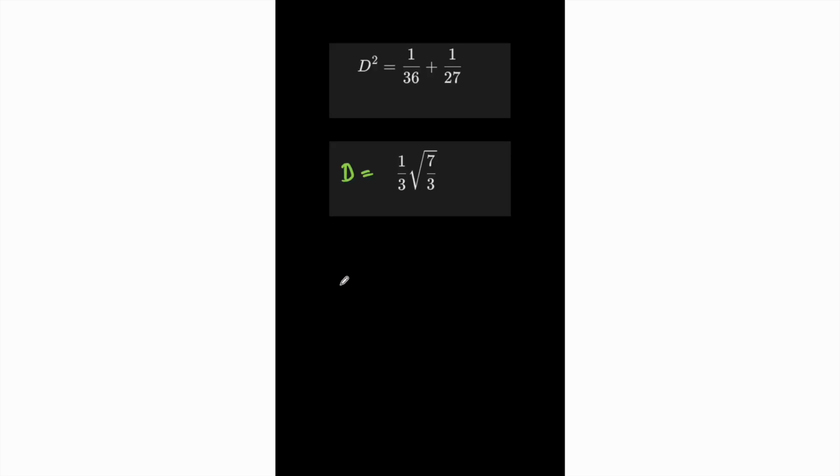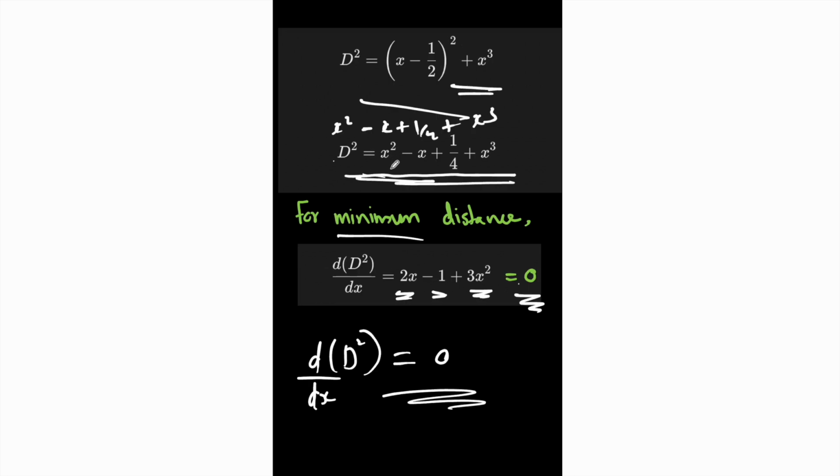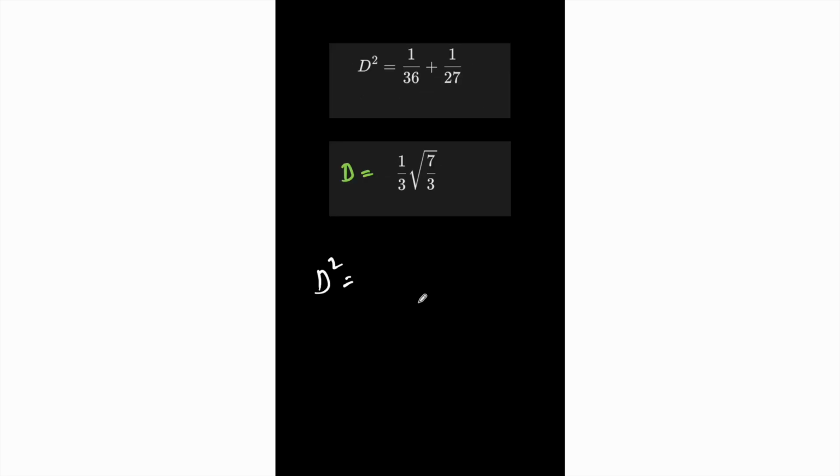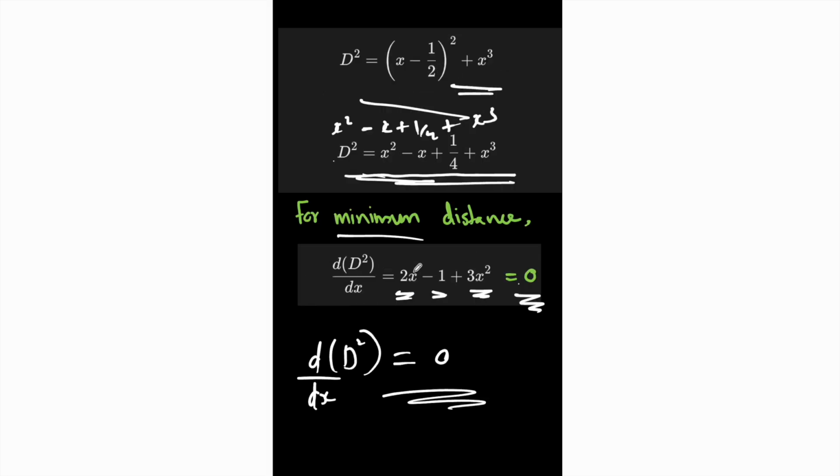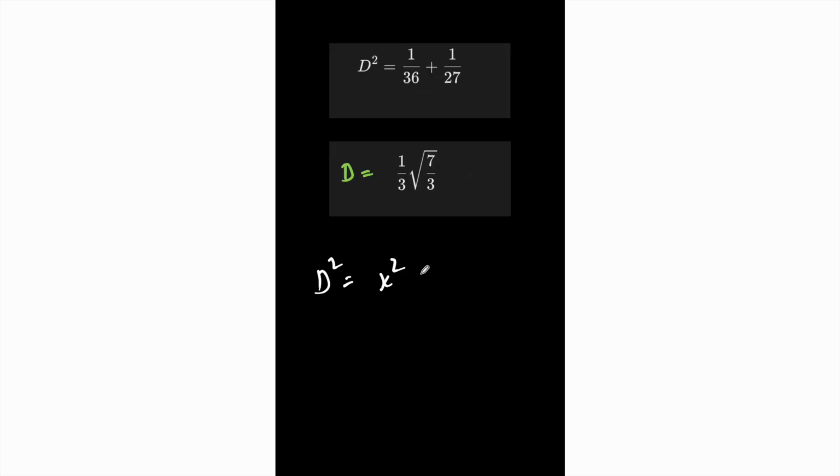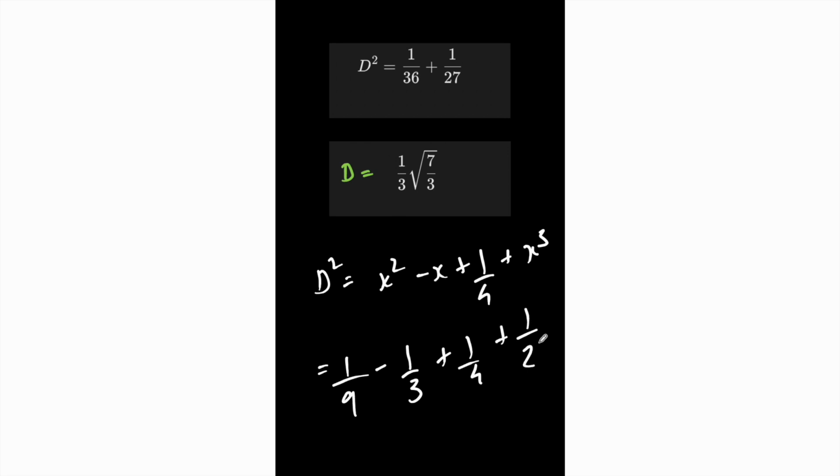If you substitute the value of x, 1 by 3, here, what will you get? D square is equal to x square minus x plus 1 by 4 plus x cube. Substituting, 1 by 9 minus 1 by 3 plus 1 by 4 plus 1 by 27.